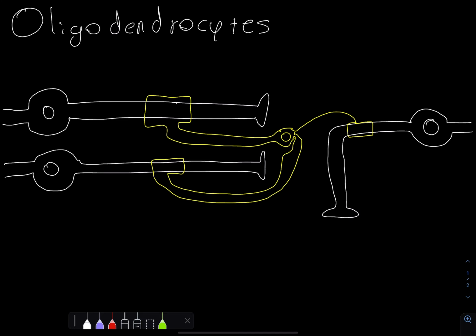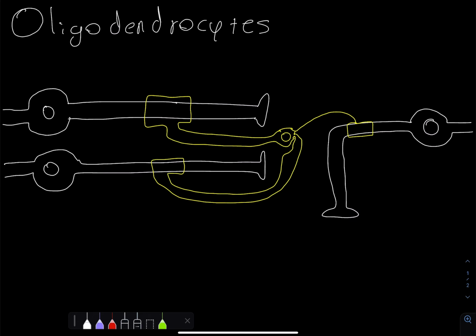Now, this is going to happen in the central nervous system. Myelin is mostly fatty tissue. It's going to surround the axons.